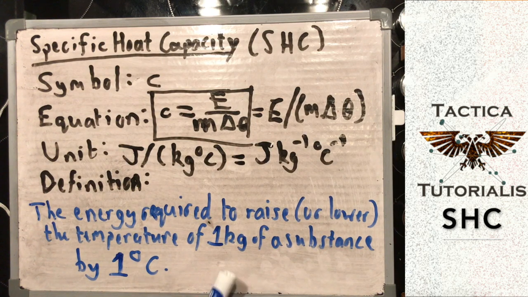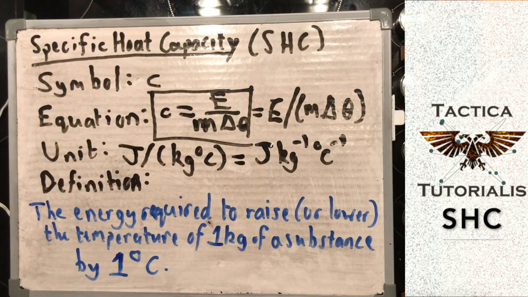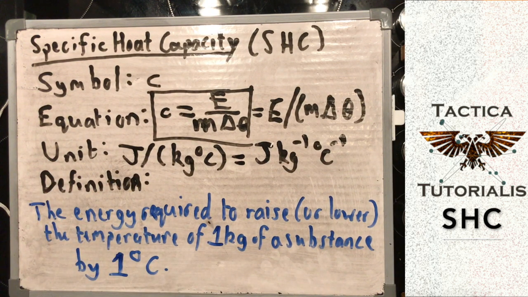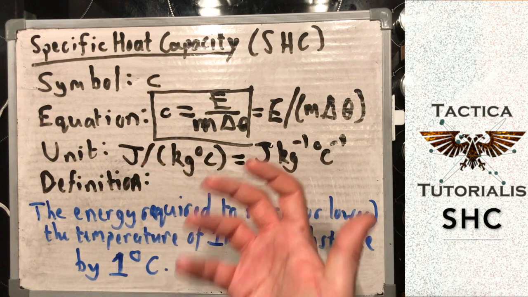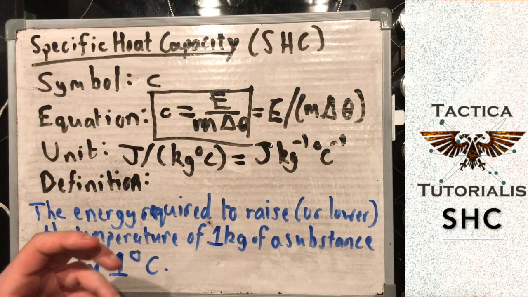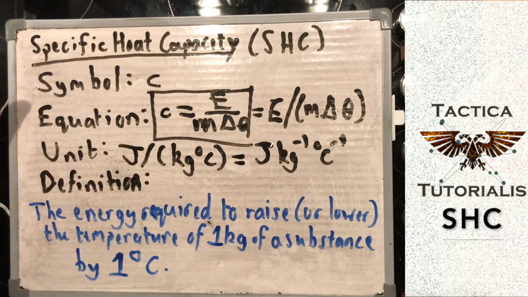So we have 1 kilogram's worth of stuff. This stuff can be made of whatever we want, and we want to heat it up or possibly cool it down. So how much energy am I going to have to put in to heat it up? Well, if I want to raise the temperature by 1 degree C, I have to put in a certain amount of energy, and that amount of energy is equal to the specific heat capacity.